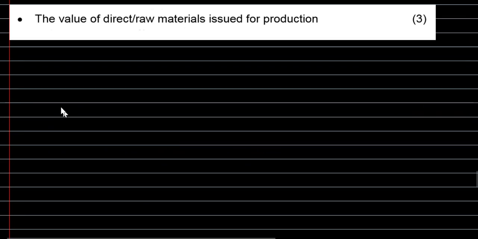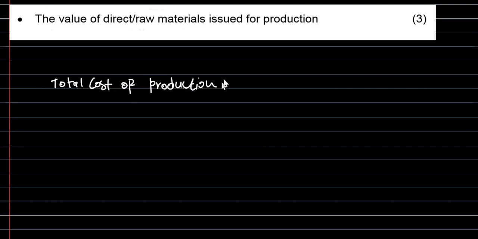Now we have to find the value of the raw materials issued for production. This one is very easy. You just take the total cost of production, then you must say less closing stock.